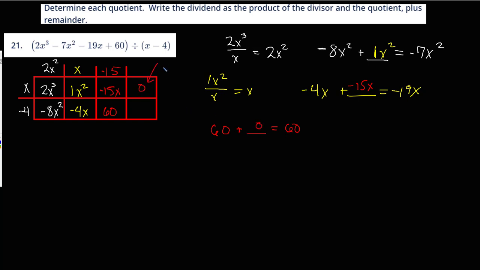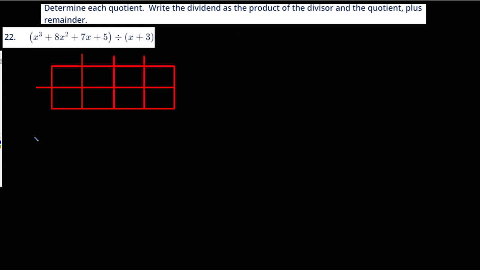So that means this is a perfect factor. Which means that x minus 4 times x squared plus x minus 15 is the correct answer. This is right as the answer as a product of the divisor and quotient plus the remainder.